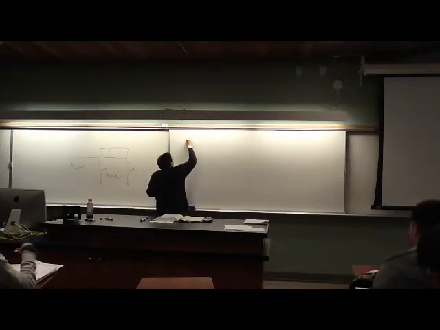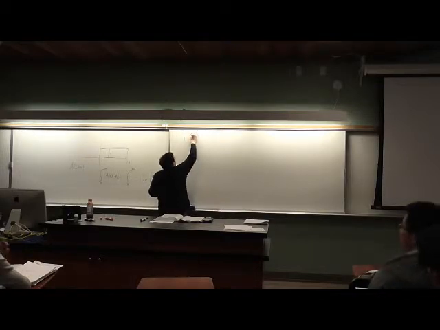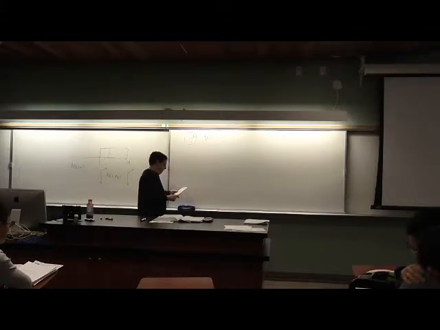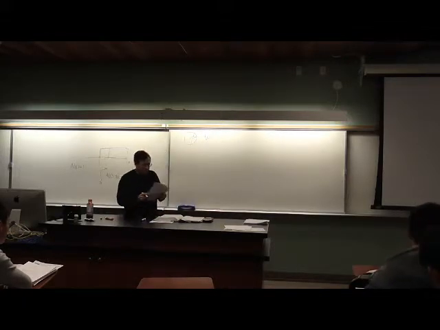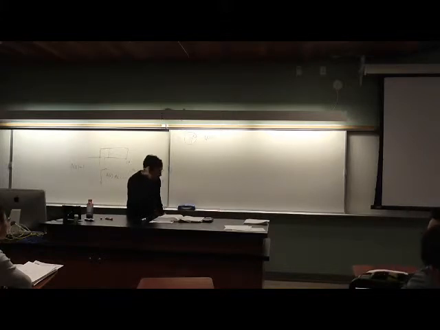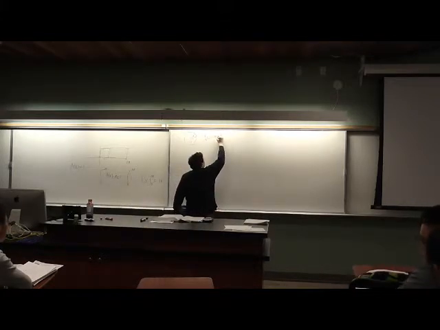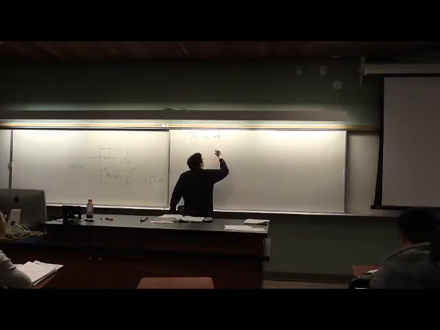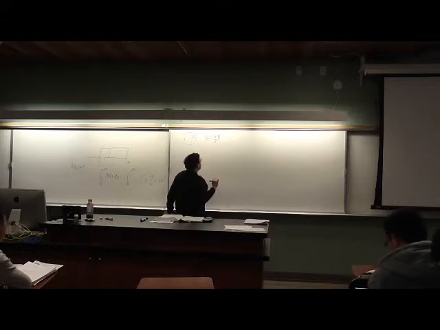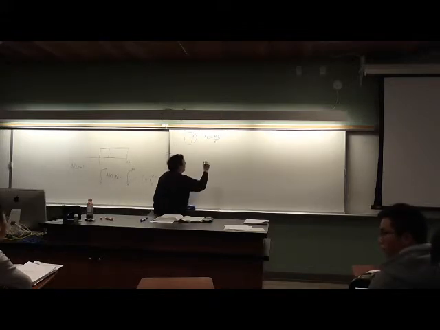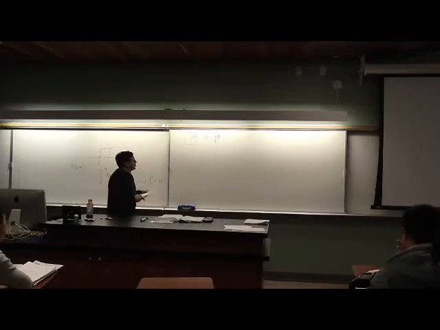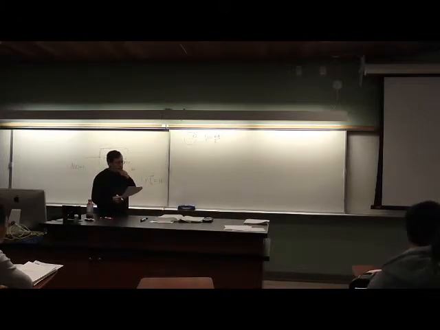If I have a sphere with radius r, who can tell me what the volume of that sphere is? I heard 4 r cubed over 3. Is that it? Pi, yeah. 4 thirds pi r cubed. Something we might have learned in geometry. We might have learned it and forgot it.